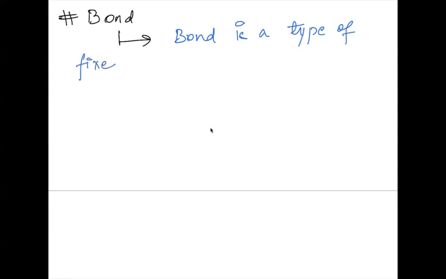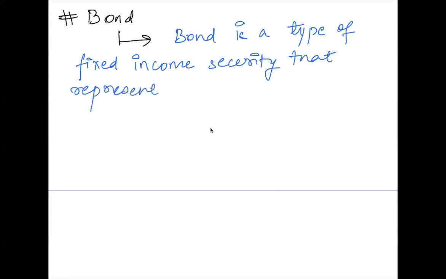What do I mean by bond? Bond is nothing but a type of fixed income security that represents a loan. This is very important, guys.